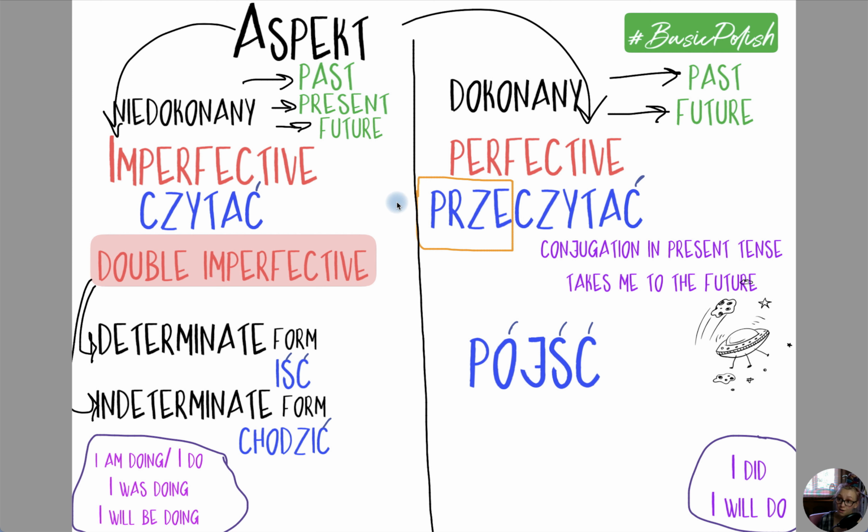You will have to learn what is the perfective partner, if you like, of each verb. Most of them will have perfective partners. Some of them won't. There is a list of verbs that don't have a perfective form, and it's just a few of them. So we can really say that 99.9 percent of verbs have a perfective partner, if you like.